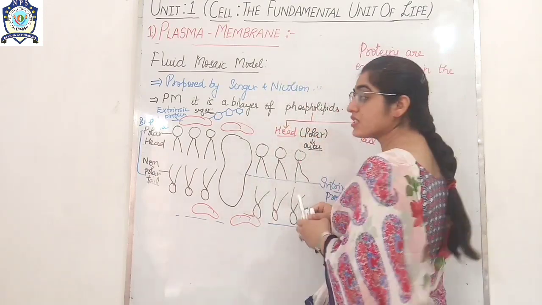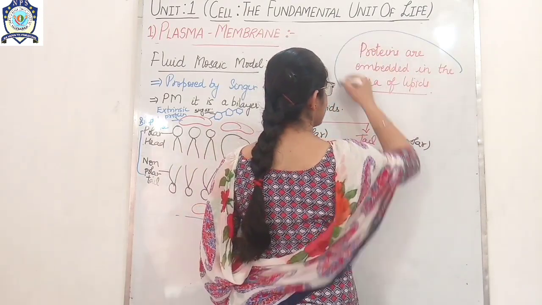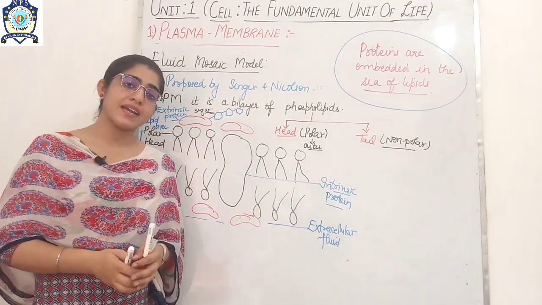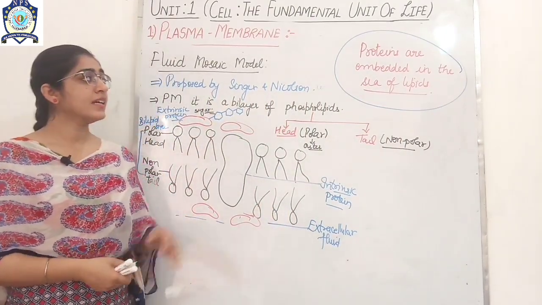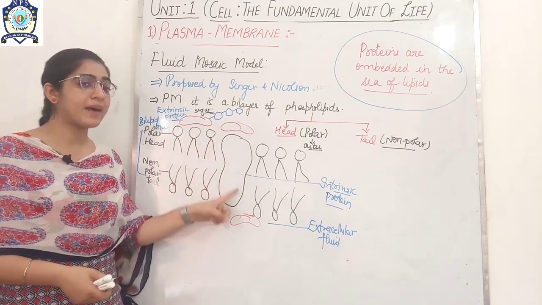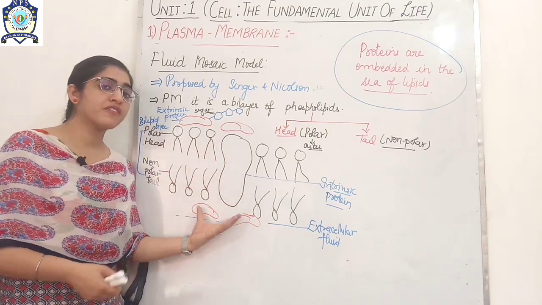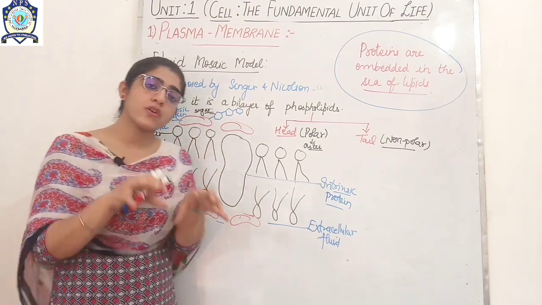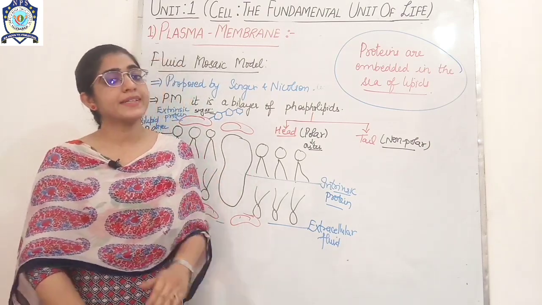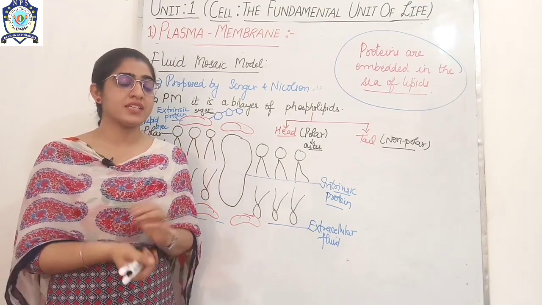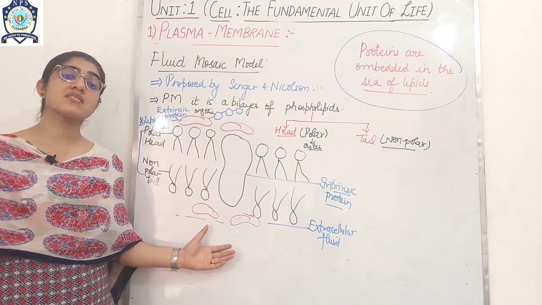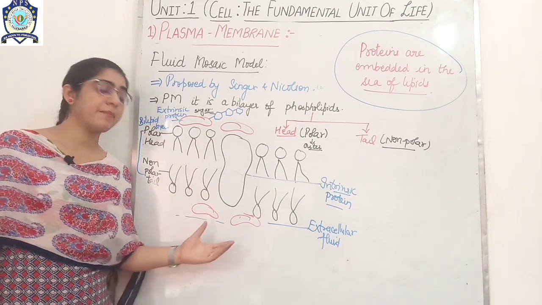Okay, so this was the statement. This statement was proposed by Singer and Nicholson that proteins are embedded in the sea of lipid. कि ये सारा sea है lipids का, जिसके अंदर proteins क्या होती हैं? Embedded होते हैं, और you can say proteins क्या होती हैं? Present. So this was all about the structure of plasma membrane.